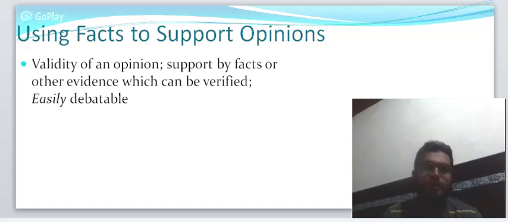But remember, this evidence must be verifiable. Other people should be able to test the validity of that opinion through different means. So, if it cannot be tested and verified, this opinion will not be accepted as true.